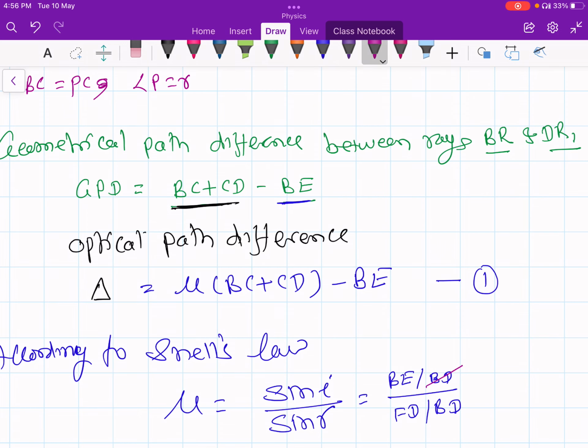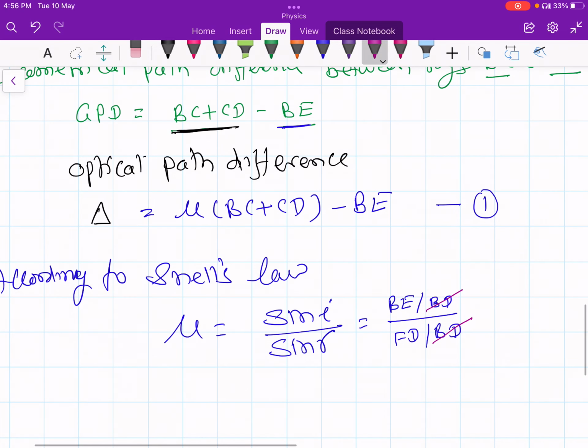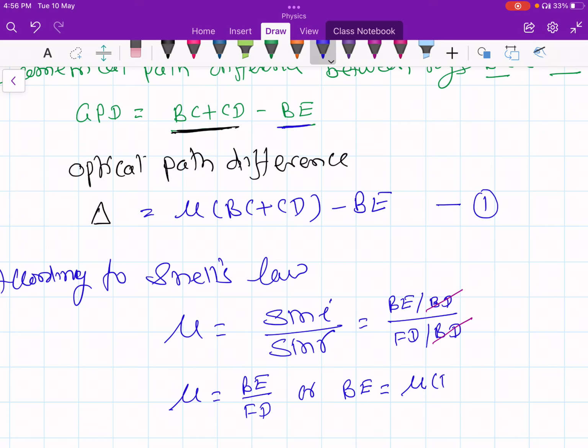In this diagram, this BD will cancel with this BD, and what we get is mu is equal to BE upon FD, or BE is equal to mu times FD. What we have done here is we have calculated this distance BE in terms of FD.